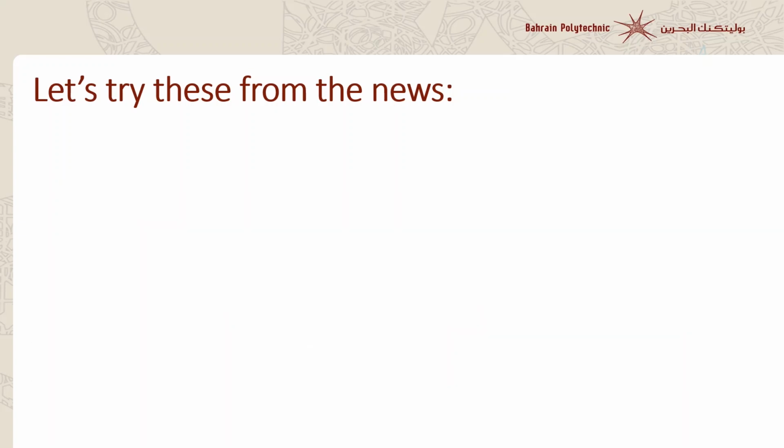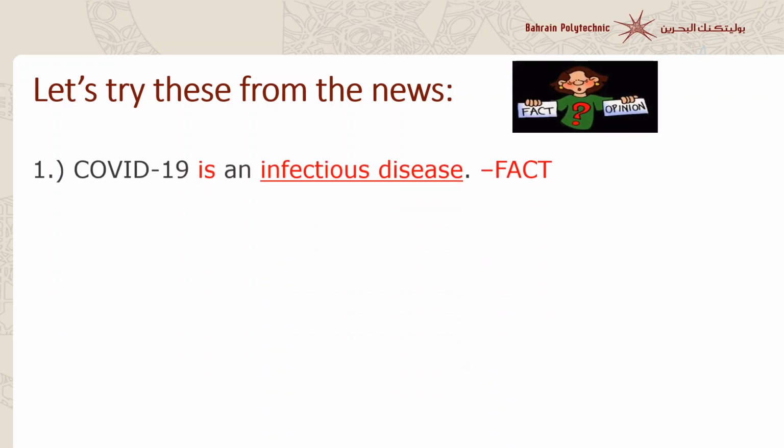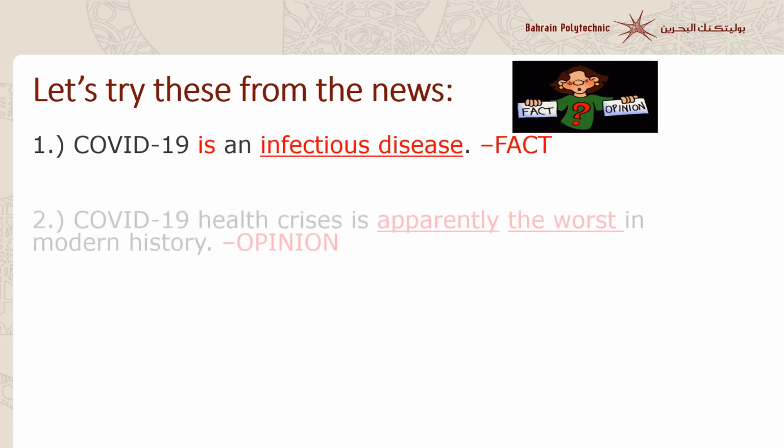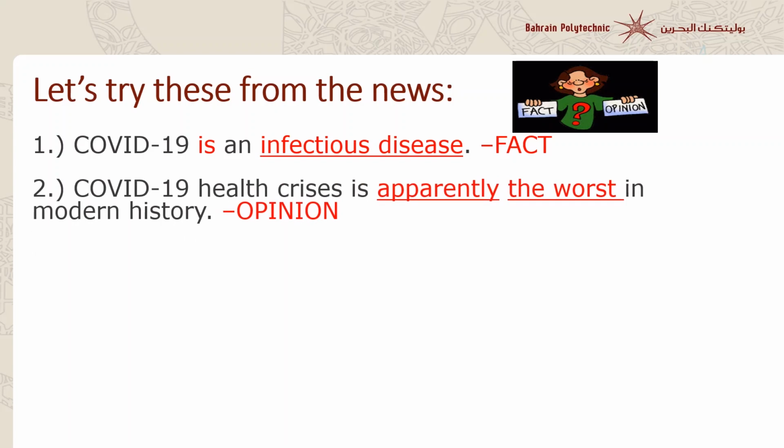All right, let's check your answers. The first one is a fact. It's a factual statement because it's something that you can, again, as I've said, check and verify, okay? If indeed COVID-19 is an infectious disease. The second statement is an opinion because of the words apparently and the worst, okay?